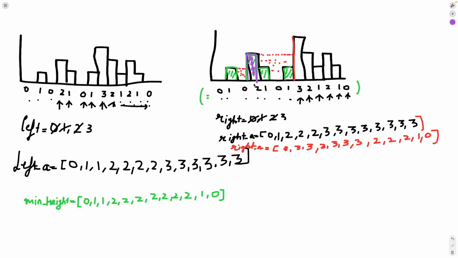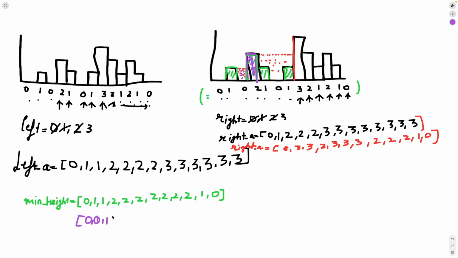If it minuses the height, then we know that no water is being stored over here. So if we minus this array from this, our final array will be 0, 1. So if you see, 1 water is being stored here, right? Because the height is 0. Sorry, it's 0, 0 and then 1.